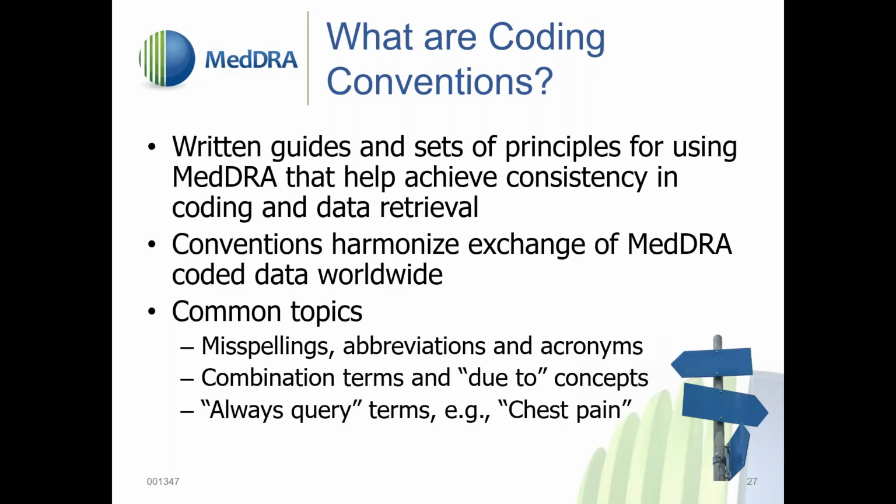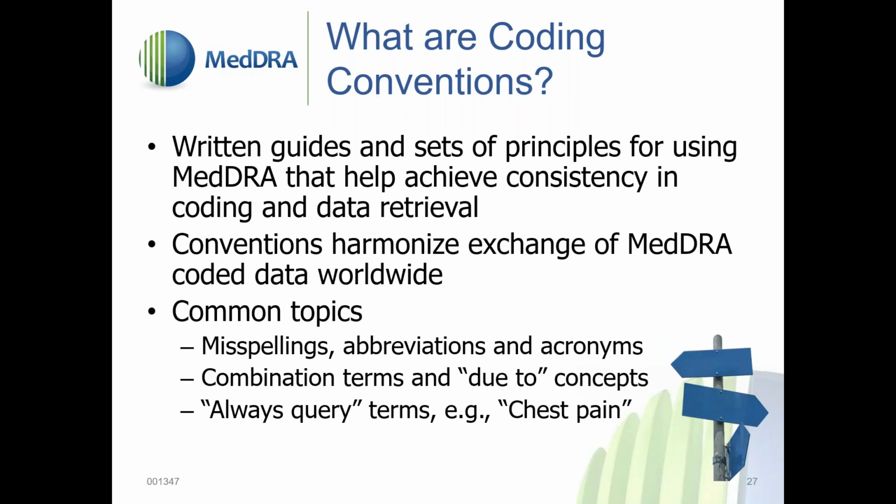But you may also want to query reports of an unspecified infarction, necrosis, occlusion, etc., in order to find out the affected anatomical site. And you find these vague terms, infarction, necrosis, occlusion, in MedDRA.